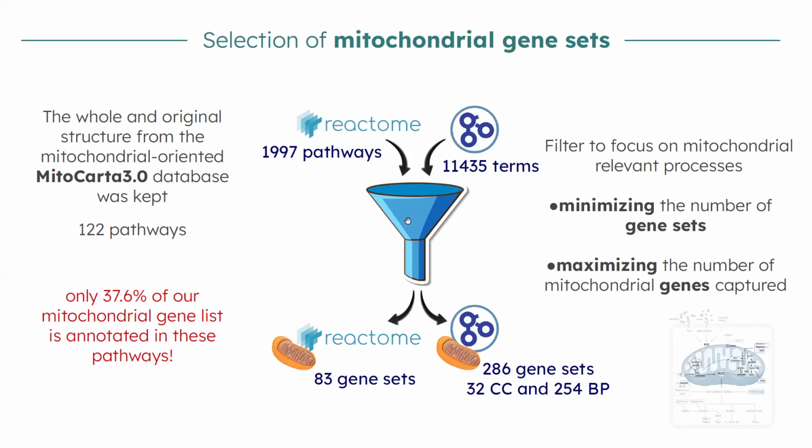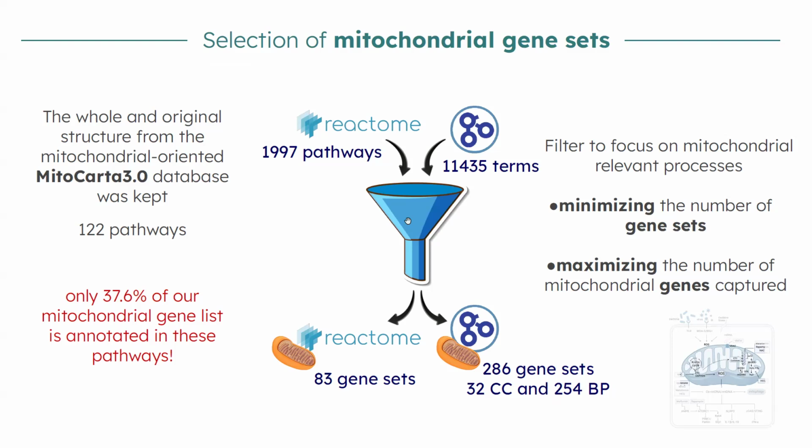So we decided to explore also the Reactome and gene ontology databases. There are around 2,000 pathways in Reactome, and more than 11,000 terms in gene ontology. What we wanted to do was to filter these pathways and terms and focus just on the mitochondrial relevant processes. So the aim was to minimize the number of gene sets, maximizing the number of genes.